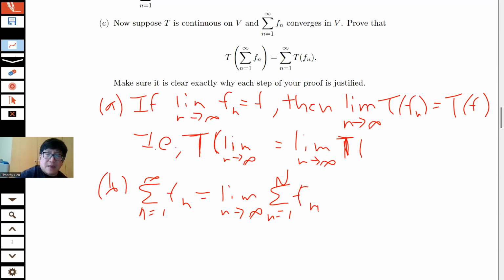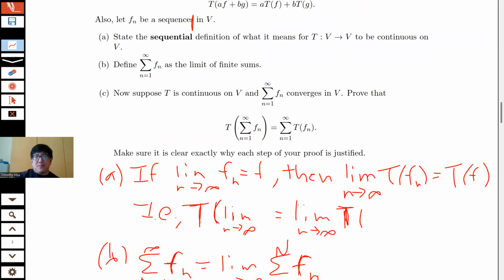Sorry, I had a lowercase n where I should have a capital N. So the infinite sums are the limits of the finite partial sums. I hope that looks familiar from chapter 4. In chapter 4 they were series of numbers as opposed to series of vectors or functions, but it's the same definition.